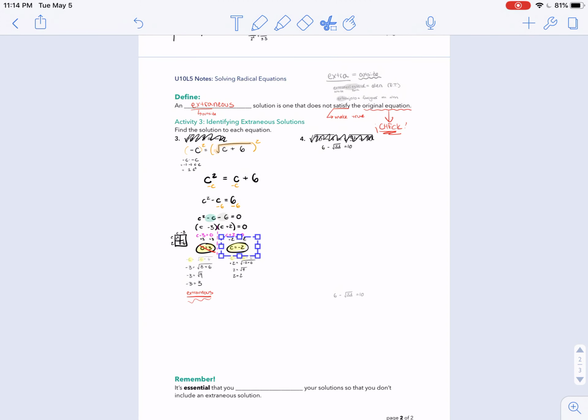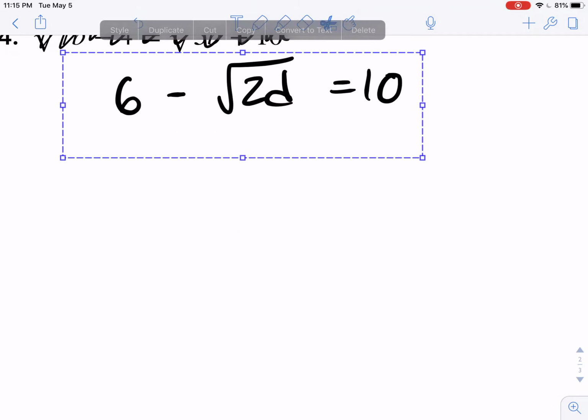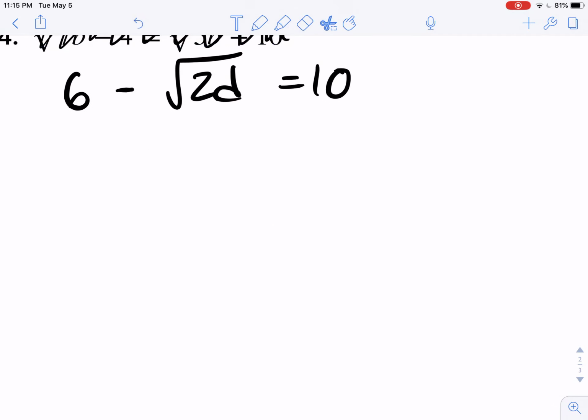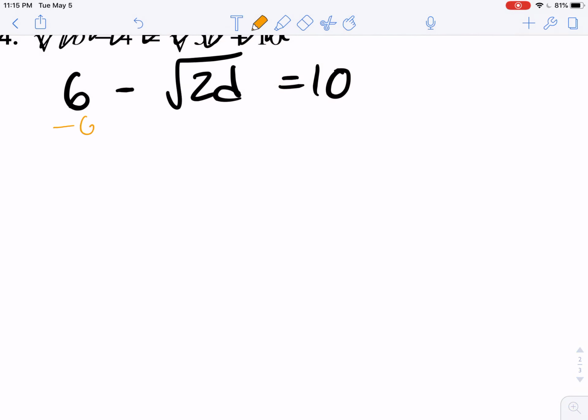One more. Here we go. I'm going to predict that this ends up somewhere here. All right. We've got 6 minus the square root of 2d equals 10. Well, if we want to solve this, first we want to get our radical all by itself. So let's undo what's happening to our radical.